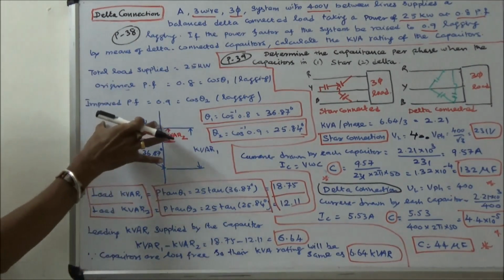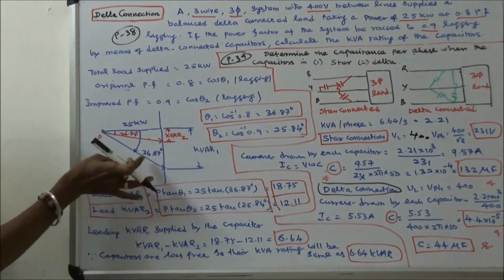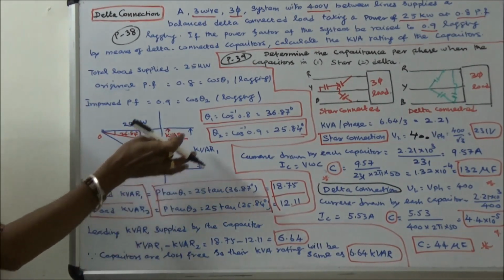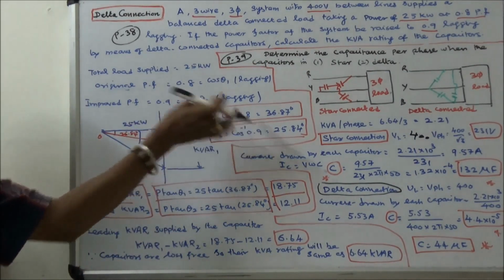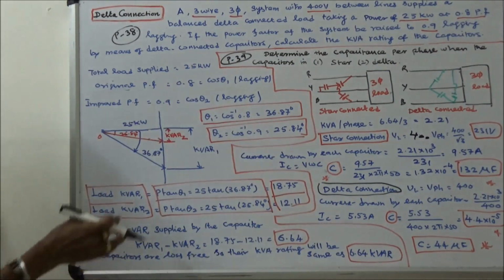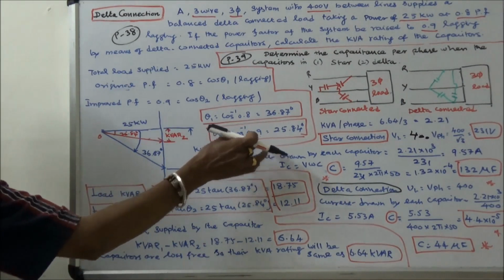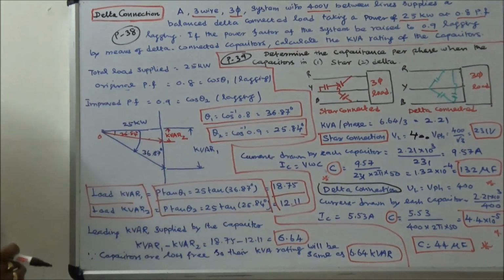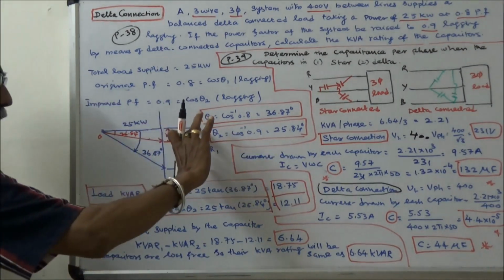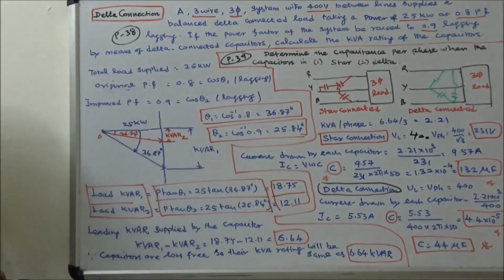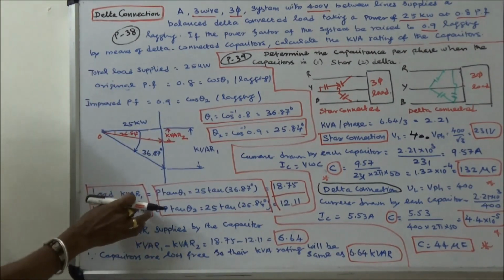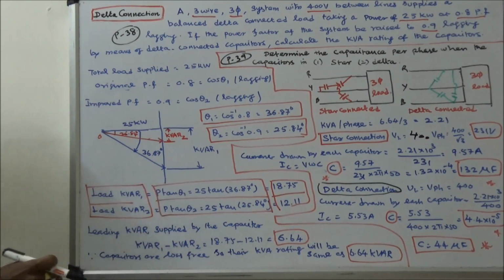So this is 25 kilowatts. Theta 1 is equal to cos inverse of 0.8, 36.87 degrees. Theta 2 is equal to cos inverse of 0.9, 25.84 degrees. So this is kVAr1, this is kVAr2. Load kVAr1 is equal to P into tan theta 1, 18.75.